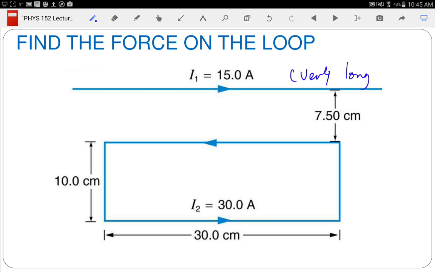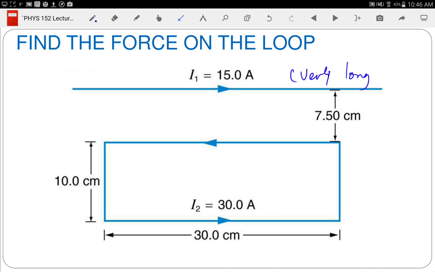So first let's do directions. What direction will the magnetic field be down here due to the current up above? Define what you mean by down, because I wouldn't have said down. What direction of the field? Into the page? Okay, there we go.